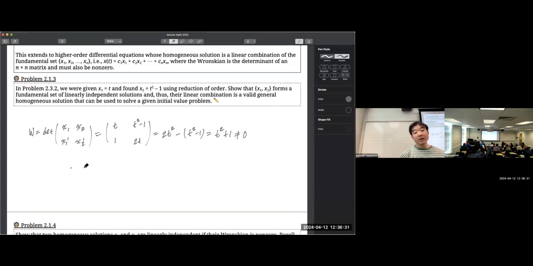Therefore, x1 and x2, which in our problem is t and t squared minus 1, form a fundamental set of linearly independent solutions that will span the space of all solutions to this homogeneous equation.